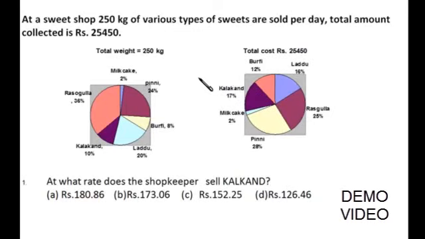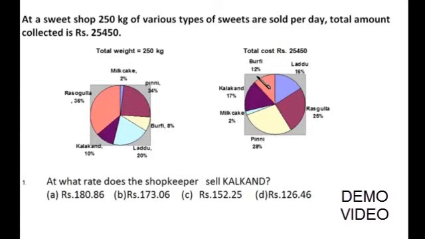Just for an example, 2% of 250 kilogram was milk cake. That is, out of the total weight 250 kilogram, milk cake was 2%. So what is 2% of 250 kilogram? That is 5 kilogram. And what is the contribution of milk cake in the total cost?